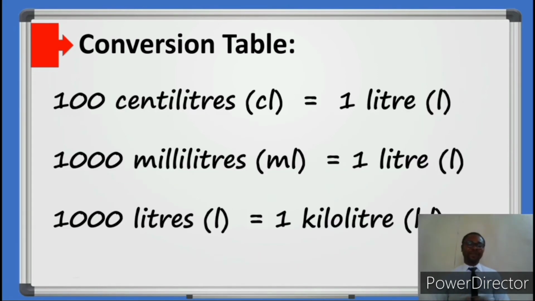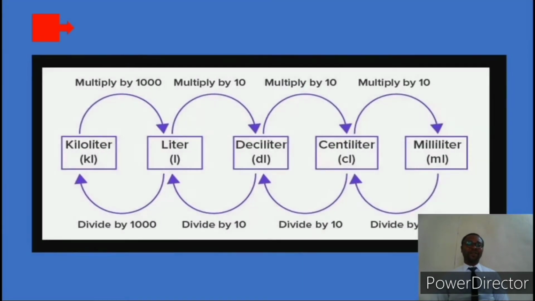Now, what does all of this mean? Well, it is important for us to get acquainted with this conversion table because this will help us to convert from one unit to another, from a smaller unit to a bigger unit, and from a bigger unit to a smaller unit. And to know how to do that, we need to learn from this formula.